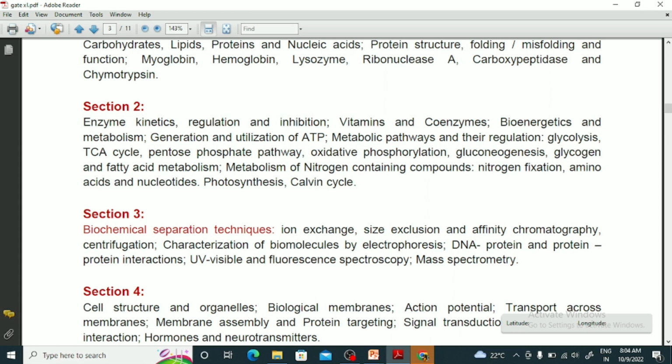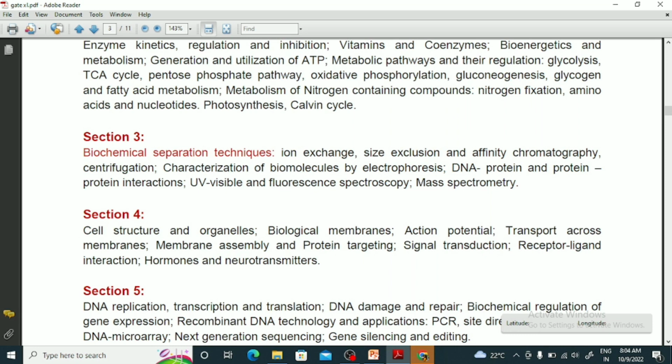In addition, we also have the topics of respiration. It is very important that we mainly focus upon the important topics. There are also the techniques, where we have to go for ion exchange, size exclusion and affinity chromatography, and again we have electrophoresis, protein-protein interaction, and so on.